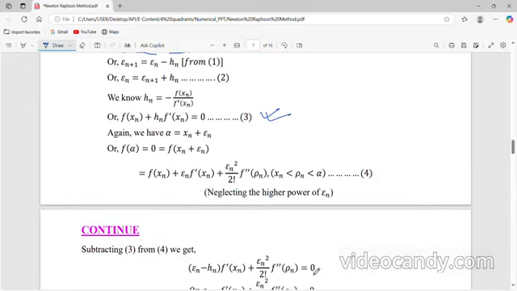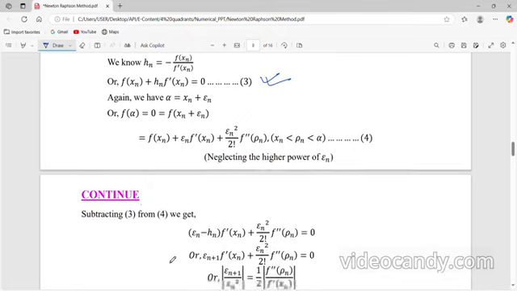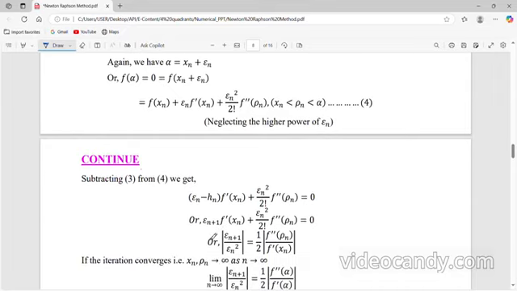This is equation 4. Now subtracting 3 and 4, we have epsilon n minus hn into f dash xn plus epsilon n squared by factorial 2 f double dash phi n equals 0. So we can write epsilon n plus 1 f dash xn plus epsilon n squared by factorial 2 f double dash phi n equals 0.